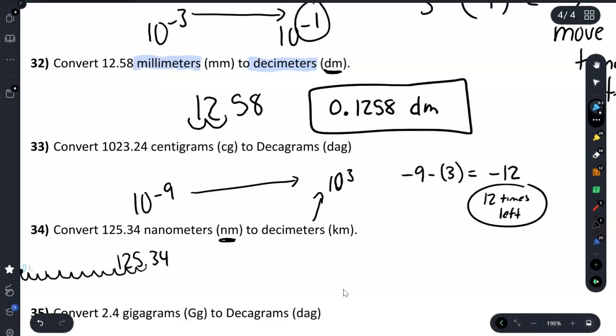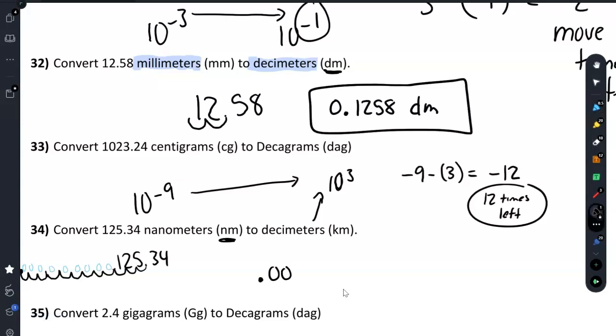So I have 1, 2, 3, 4, 5, 6, 7, 8, 9. So I'm going to have 9 zeros, and then the 1, 2, 5, 3, 4, and that would be how many kilometers I have.